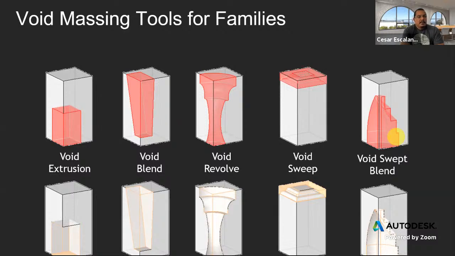So the modeling process is exactly the same as the solid ones, except that when they are in contact with a solid volume, it will cut that geometry. And so the combination of solid modeler and void modeler gives you the ability to really create almost any type of family.